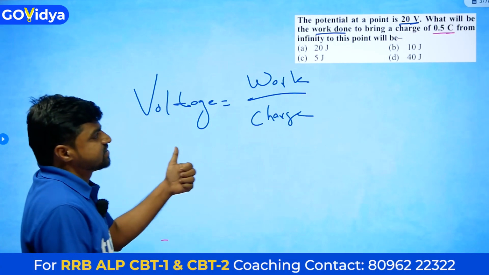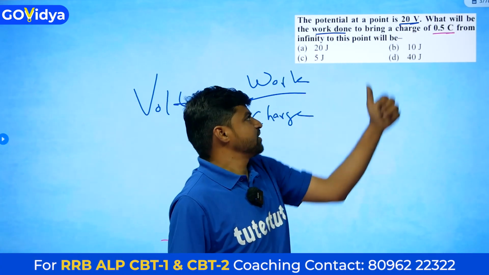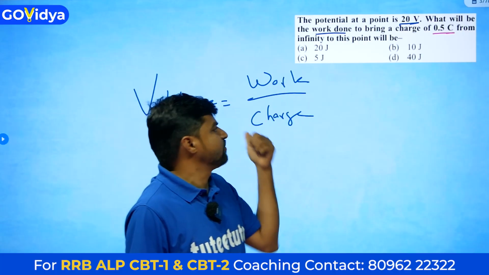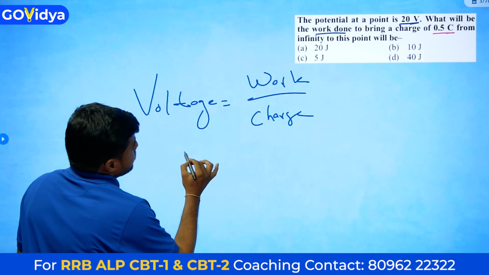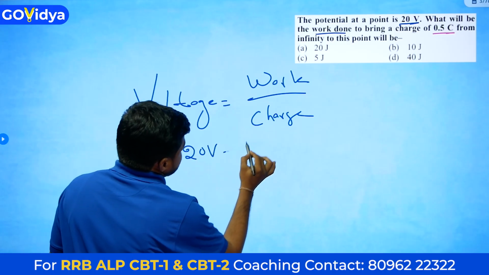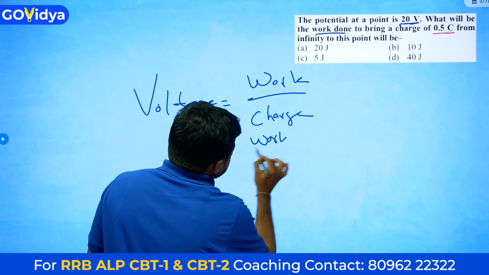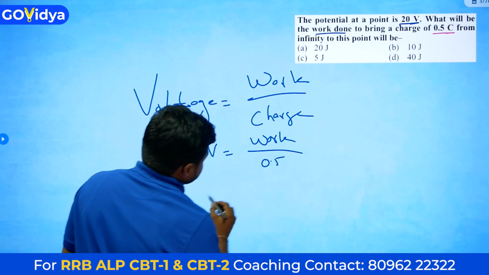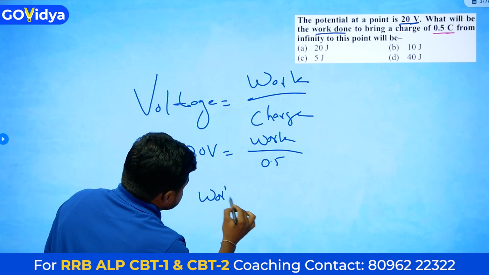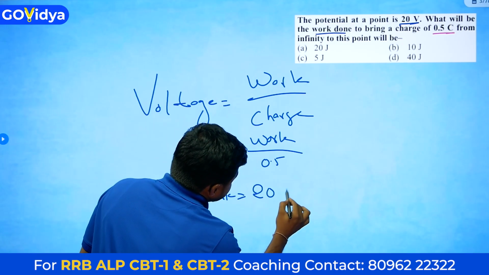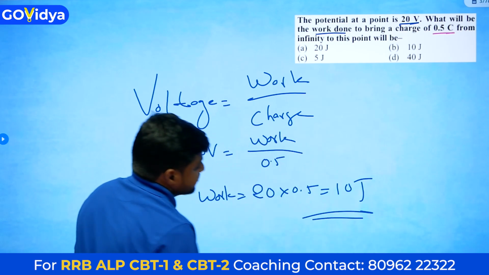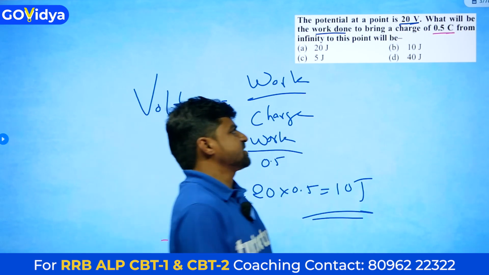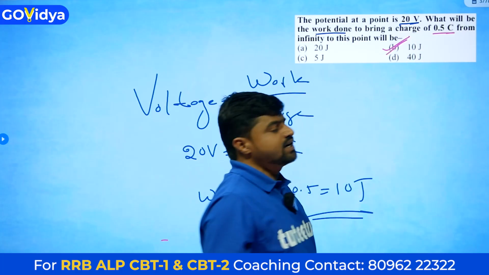The voltage is 20 volts, charge is 0.5 coulomb, substitute here: 20 volts is equal to work by 0.5. Work is equal to 20 into 0.5, which is 10 joules. From the options, option B is the correct answer.